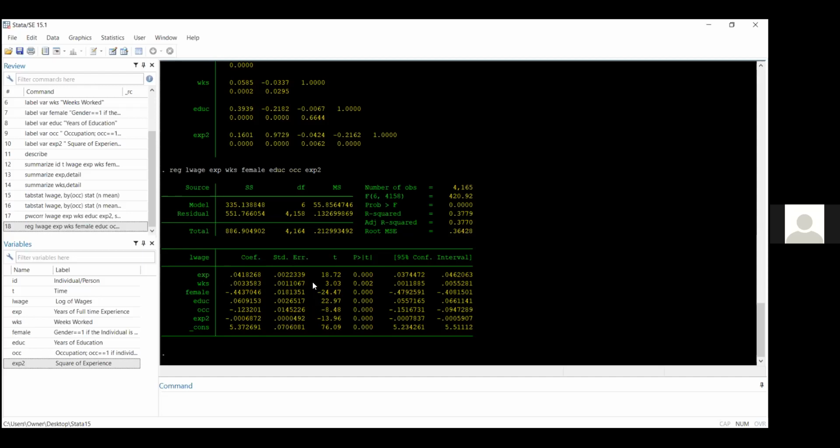The standard error, like I mentioned before, in regression: for this experience here, your computer, your SPSS or Stata, has so many possible coefficients of experience, but it goes and chooses the one which is more efficient. More efficient means it carries the lowest or minimum standard error or variance.